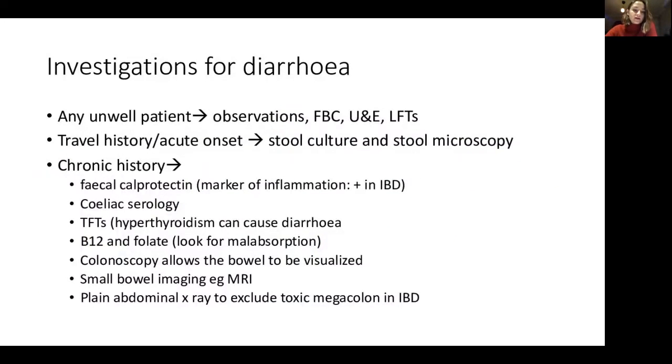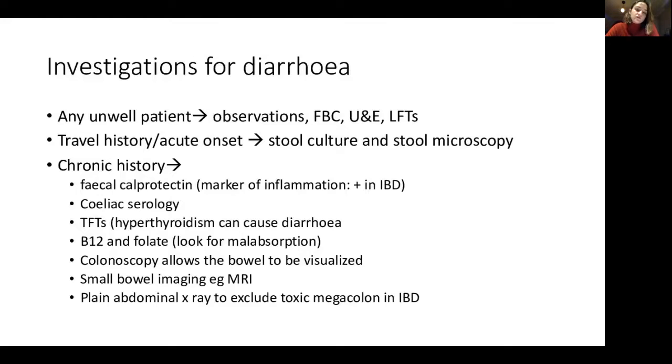When you have a patient with diarrhea, how would you investigate them? As per any unwell patient, you'd use an ABCDE approach. You do observations, you send off bloods, and you correct any abnormalities in the ABCDE assessment. So for example, if they were hypotensive, you'd give them a bolus of fluids, etc. And then if they have a travel history or an acute onset, you would send their stool for culture and microscopy.